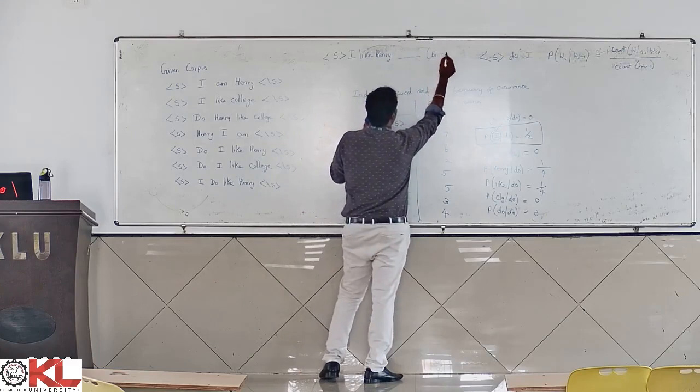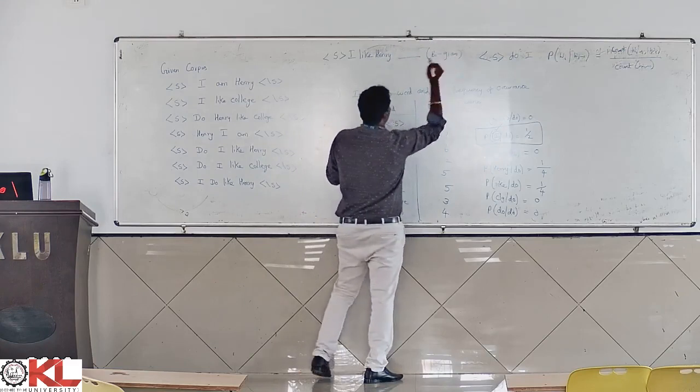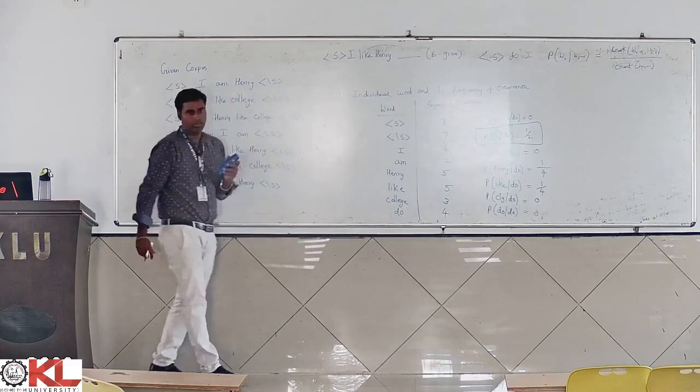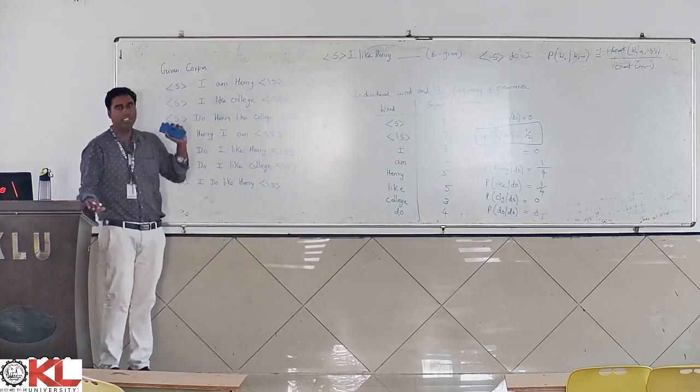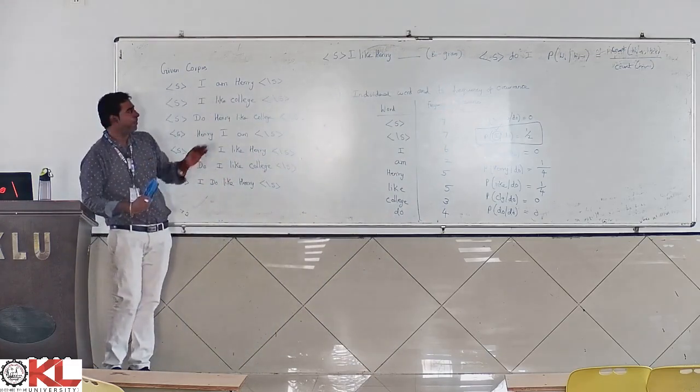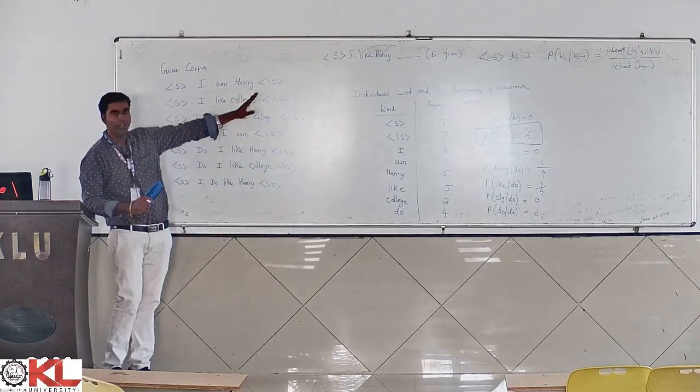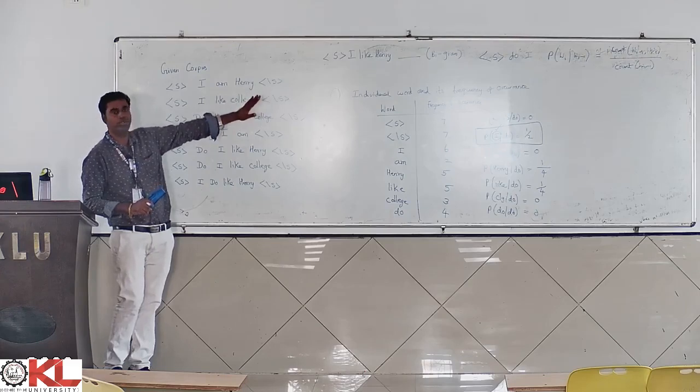Using bigram, I am going to find it out. So this is the given problem. Using bigram, I am going to find out which word is going to occur after the word Henry.